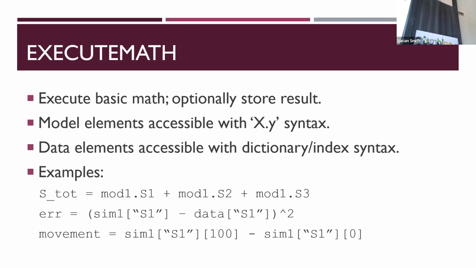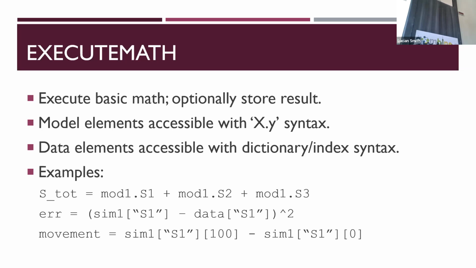So an example script would be like, I have my S total, and it is mod1.s1 plus mod1.s2 plus mod1.s3. And that's add up all the S's. I might want to say the error is sim1, the results of the simulation, referenced by a dictionary, like the S1 data from that, minus my external data, bracket, again dictionary syntax, with S1 squared.